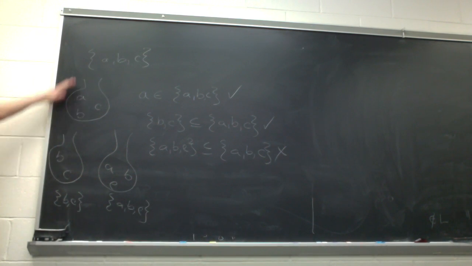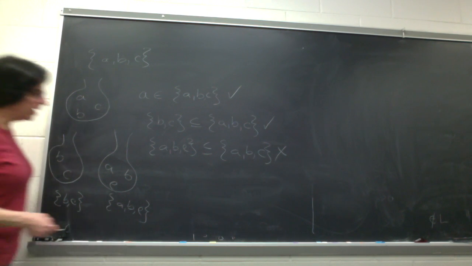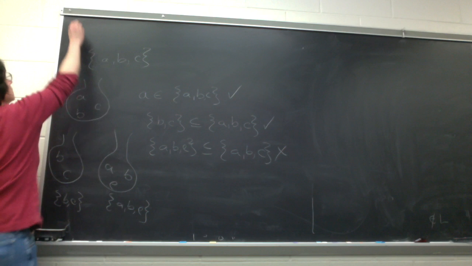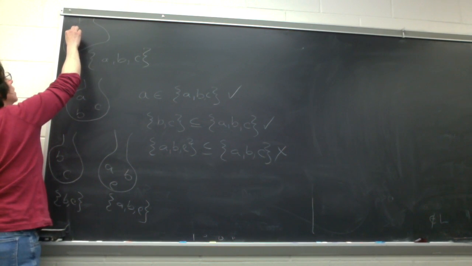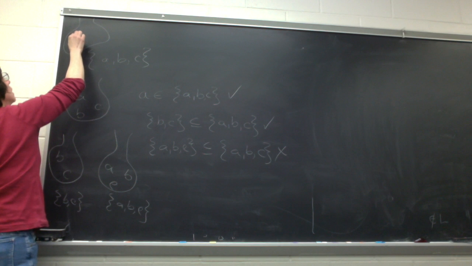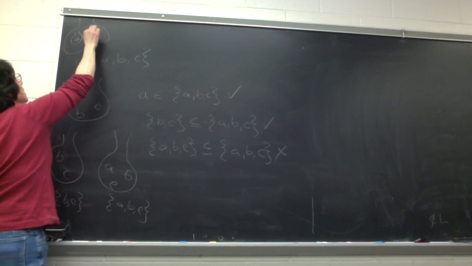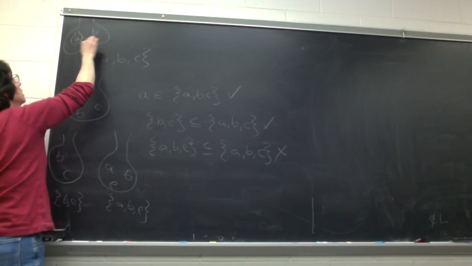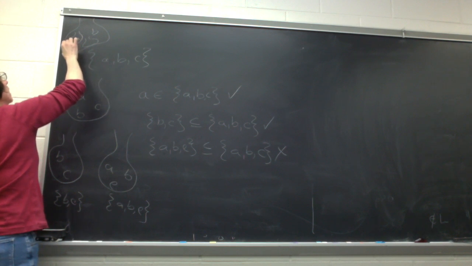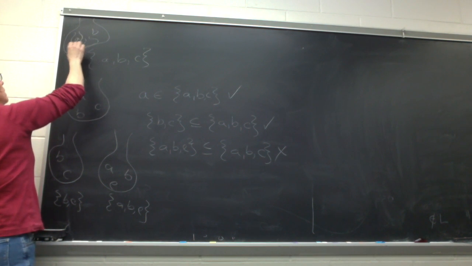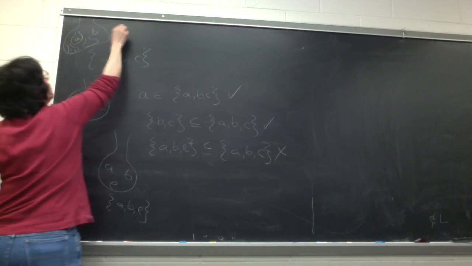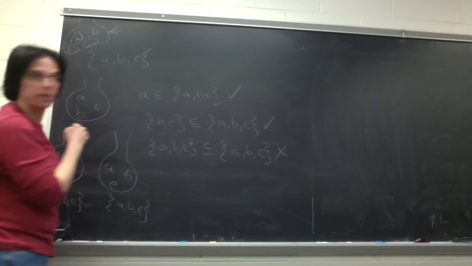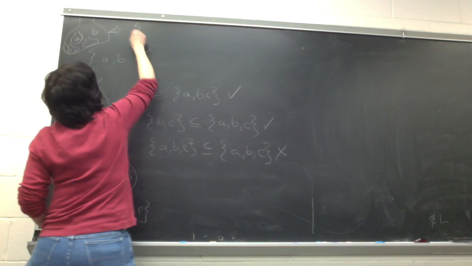And the last thing that makes these tricky is when I do sets like something like this, where I say, here's a set that has a bag with an A in it, a B, an empty bag, and a bag with a D and an E in it. So what's in this set?